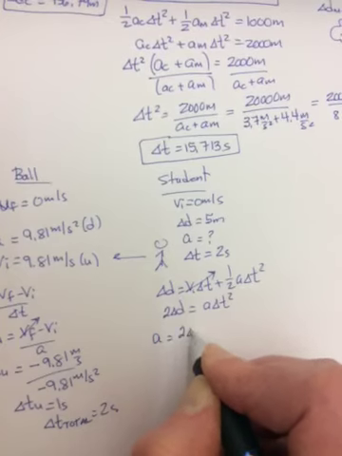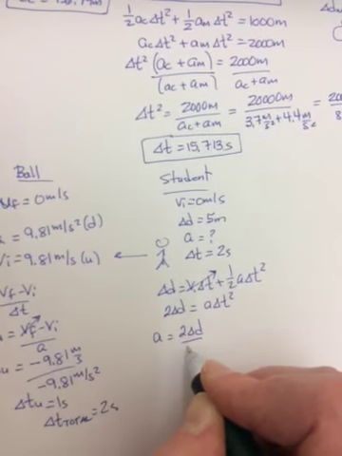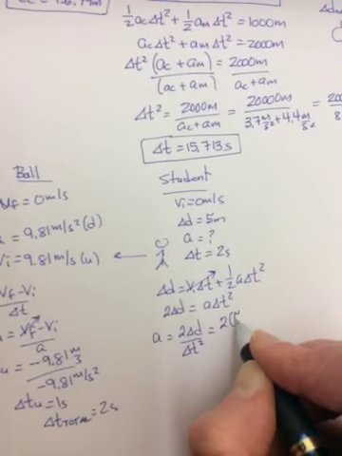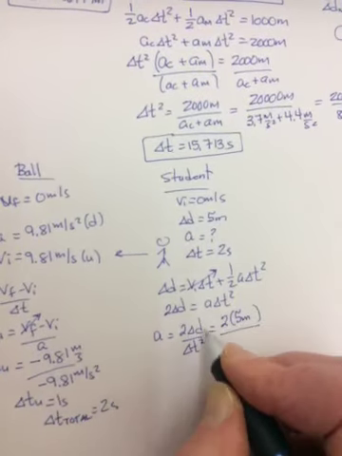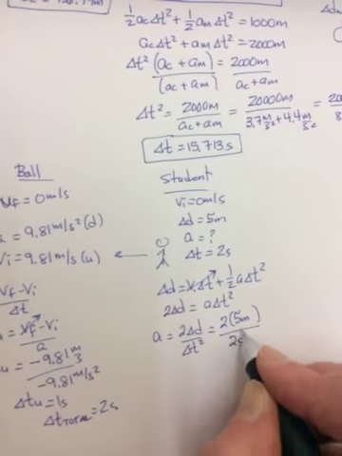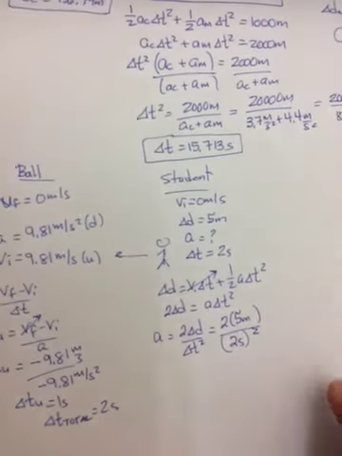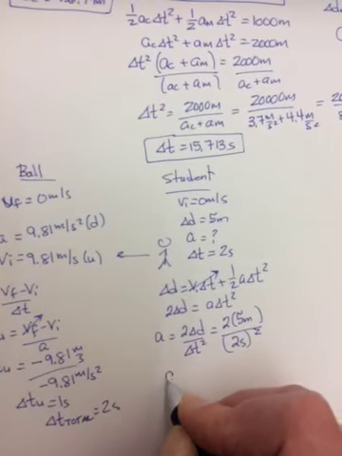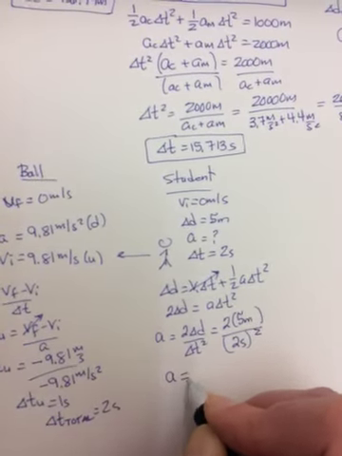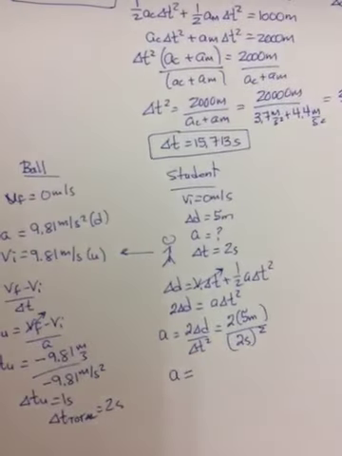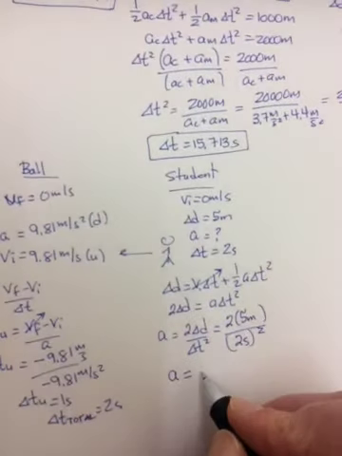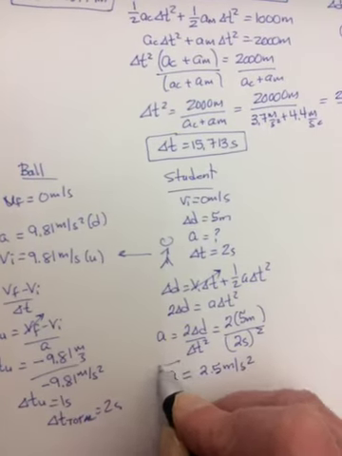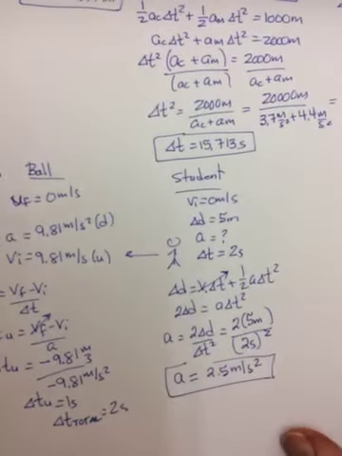So A equals 2 delta D over delta T squared. 2 times 5 meters, and the time is 2 seconds squared. On the top, you get 10 meters. On the bottom, 4. 10 over 4 is 5 over 2, which is 2.5 meters per second squared.